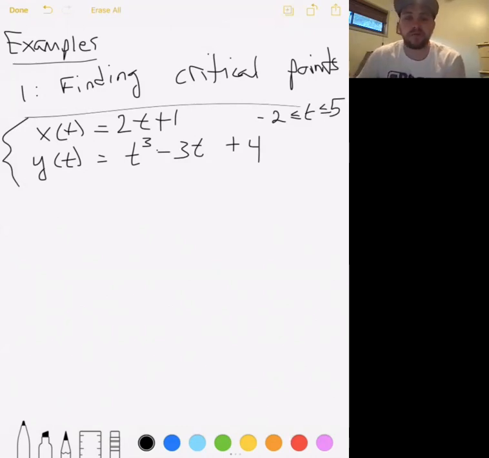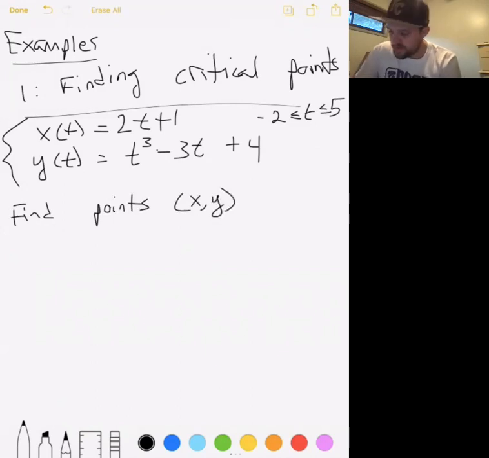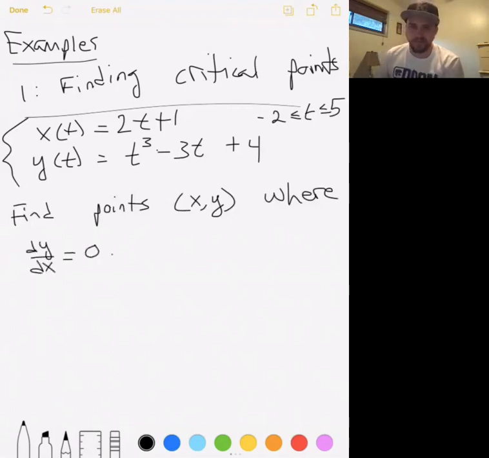So how do you find critical points? You take derivatives, and then you find the points at which the derivative is equal to 0. So we want to find points x and y where dy/dx is equal to 0, right?